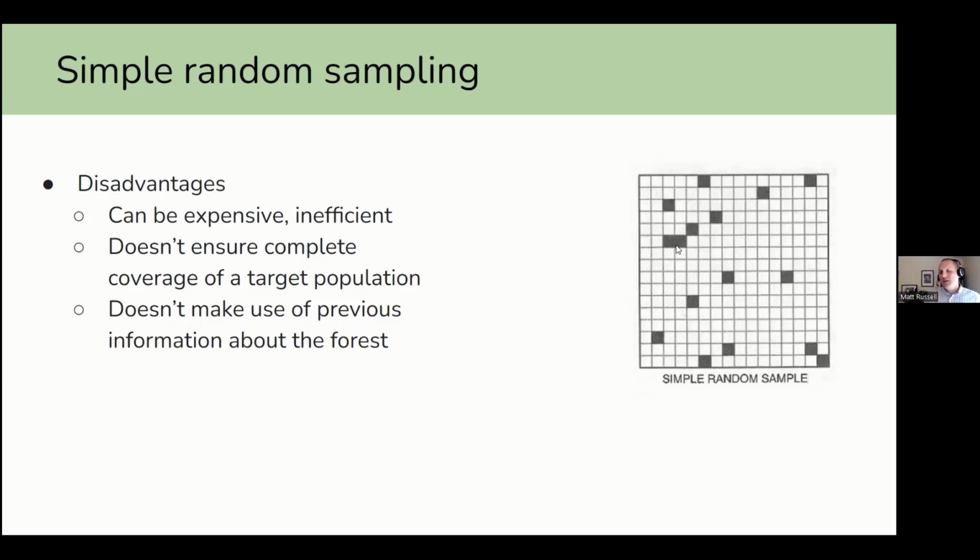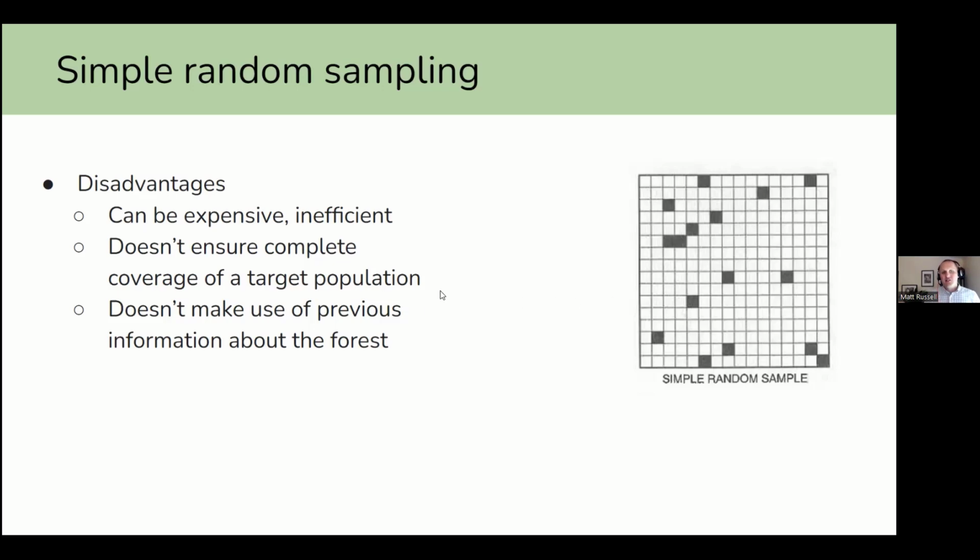If those plots are located in a terrible area like that, you can't really move them. By random chance, you have to sample those plots under a simple random sampling design. So it can take you longer to sample the plots, and it can bring more inefficiencies that you'll face.